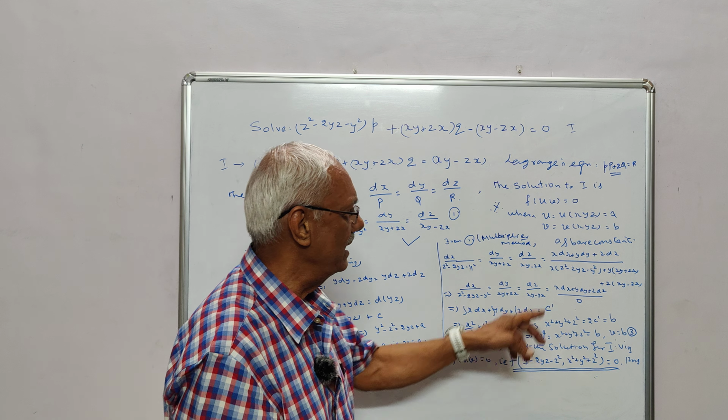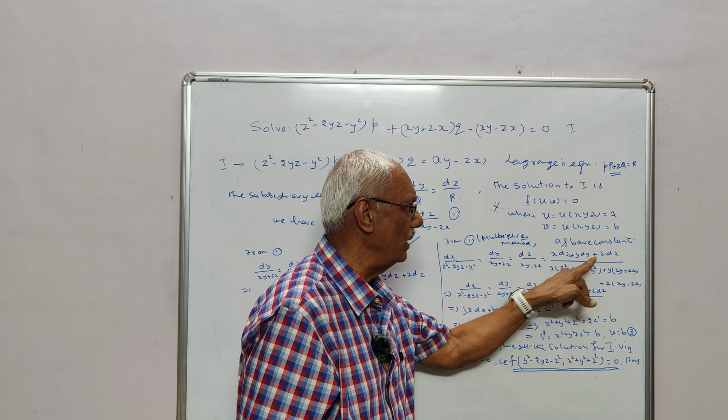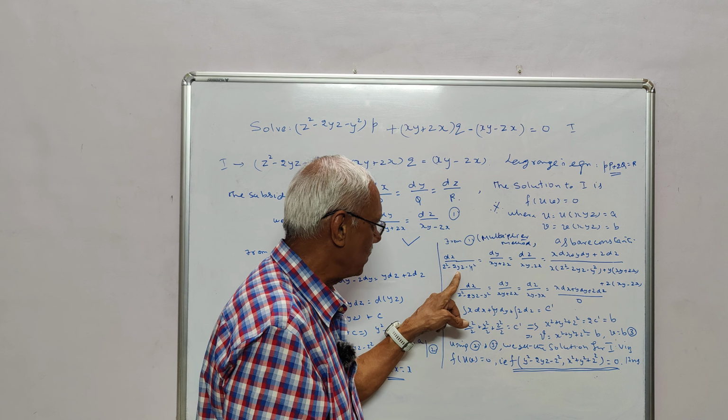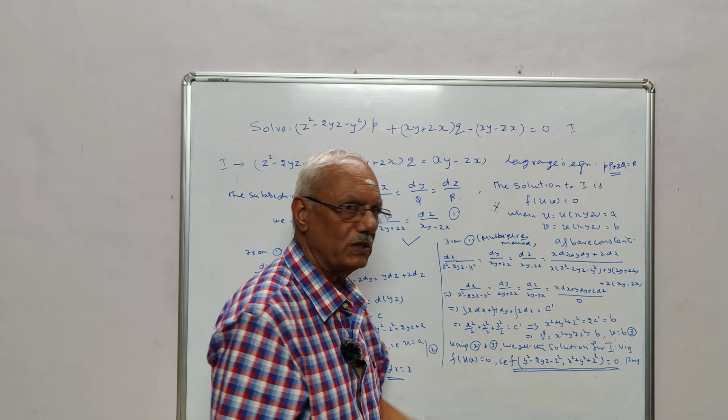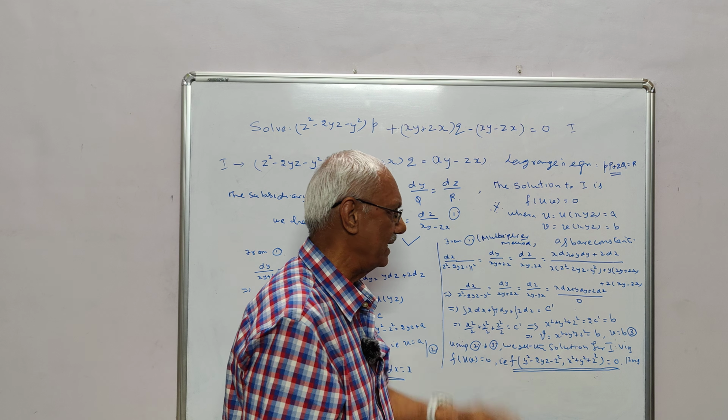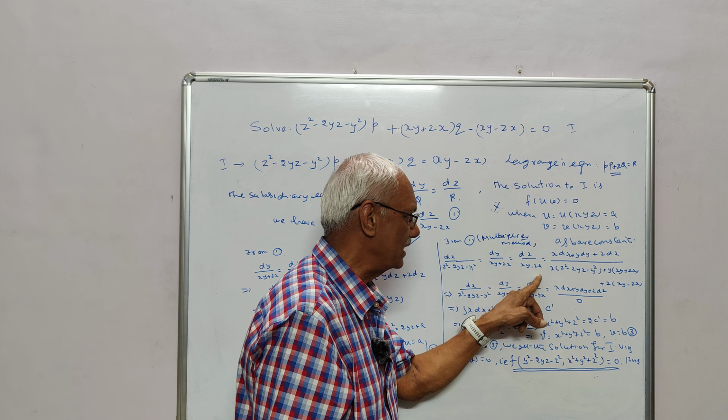So what is that you will get here? x dx plus y dy plus z dz divided by x into z squared minus 2yz minus y squared, plus y into xy plus zx, plus z into xy.